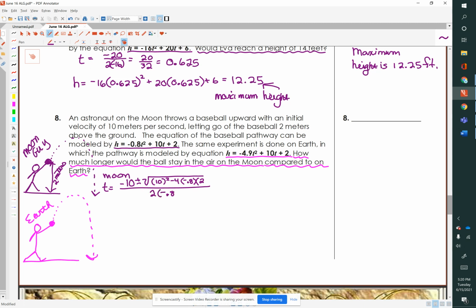And when we start to evaluate that, t will equal negative 10 plus or minus the square root of 106 divided by negative 1.6.